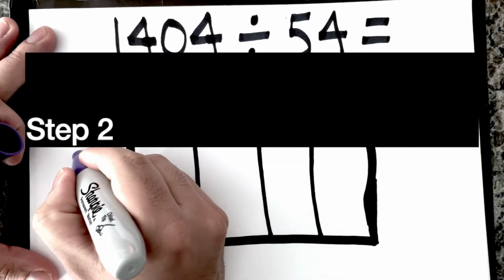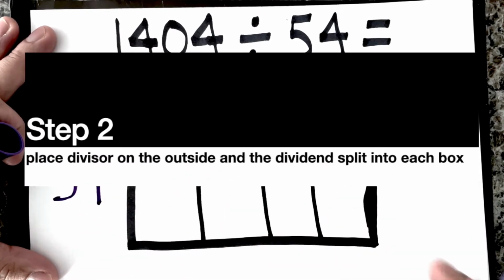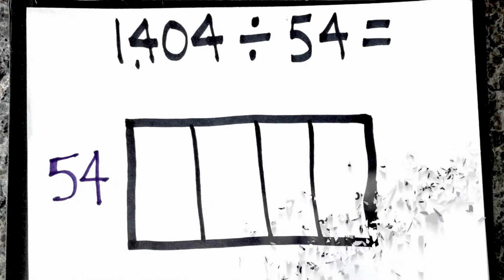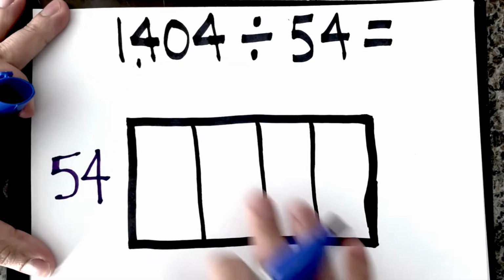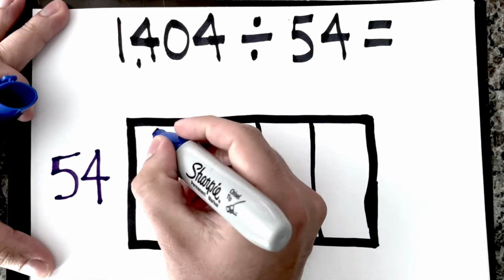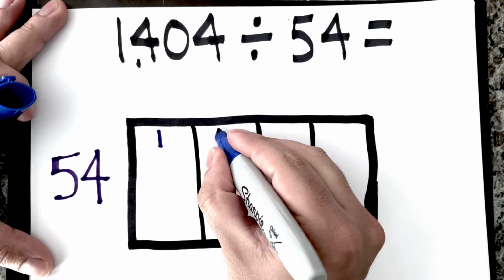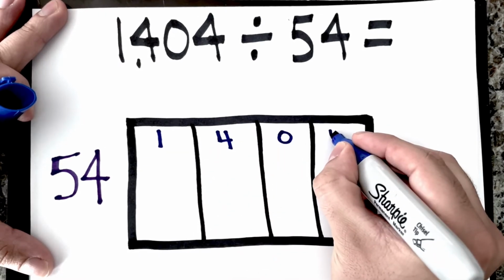Step two, let's go ahead and take our divisor and put it on the outside, 54 on the outside here. And now what we're gonna do is put each digit in each box. So go ahead and put the thousands place there, the hundreds place there, the tens and the ones.